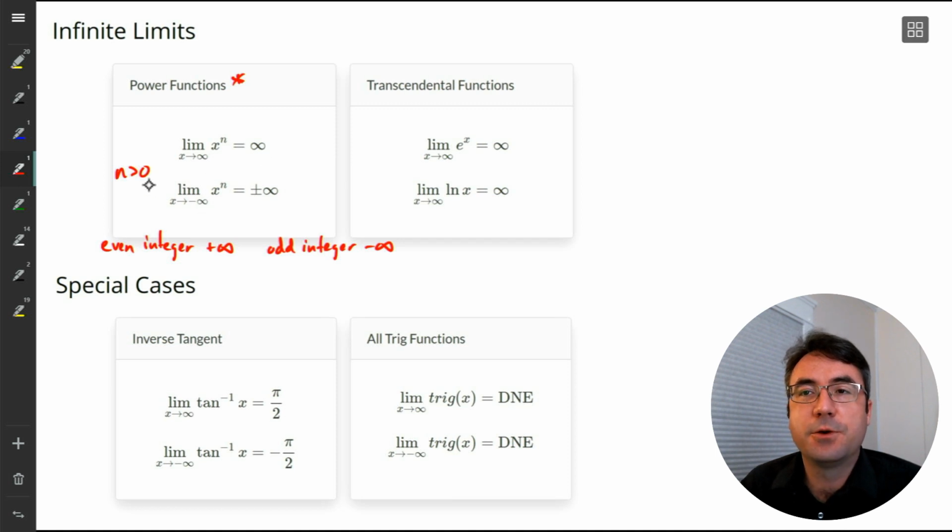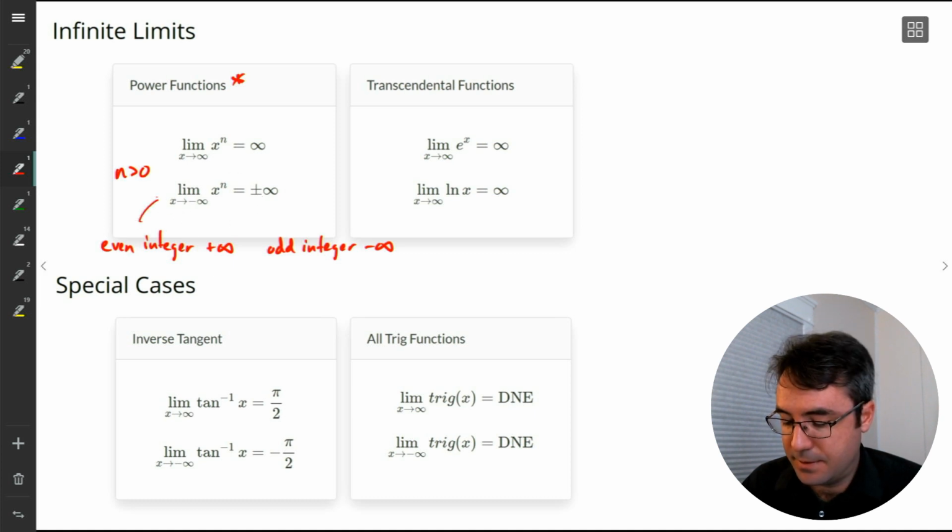So, for the most part, for power functions, x to the n, as you move to the right or to the left, they either get really large positive or really large negative. So this is true for most exponents where it makes sense. And then specifically, for even integers it goes to positive infinity, and for odd integers, it goes to minus infinity.